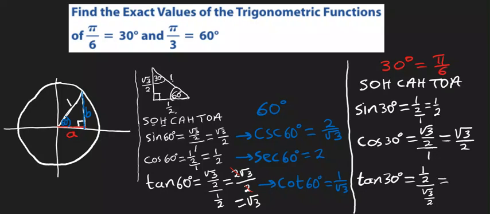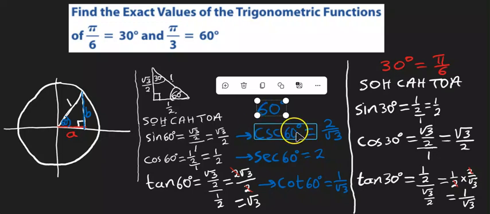Let's simplify this. It's going to be 2 over the square root of 3 times 1 over 2, and the 2 will cancel the other 2, and we have got 1 over the square root of 3.